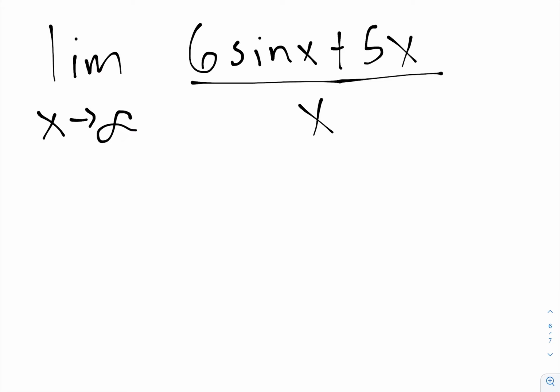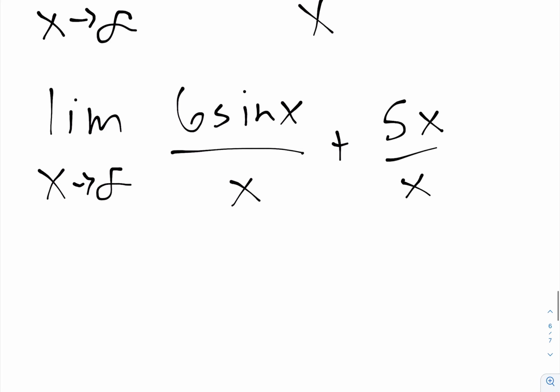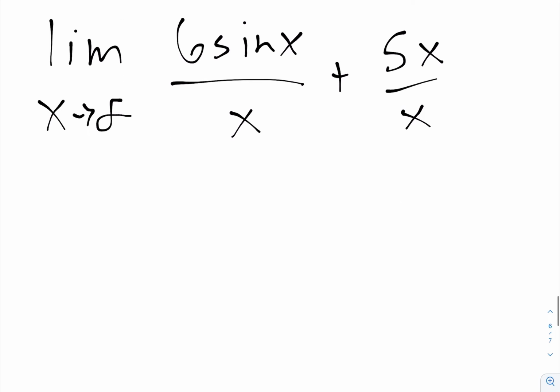Okay, so one property of limits is that we can split this into the sum of limits. If we split this into two fractions, this would be the limit as x approaches infinity of 6 sine x over x plus 5x over x. If we're summing two functions together, we can just split that into two limits.